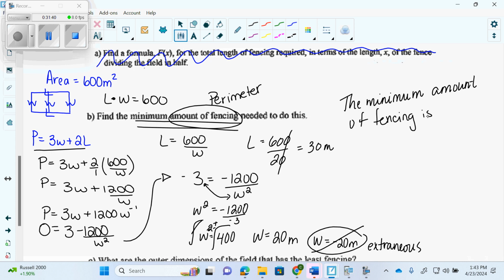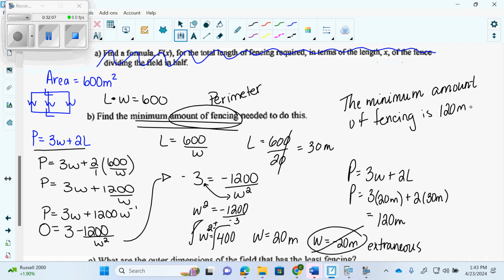How do I find it? What is my perimeter formula? 3W plus 2L. So it's 3 times 20 meters plus 2 times 30 meters, which is 120 meters.